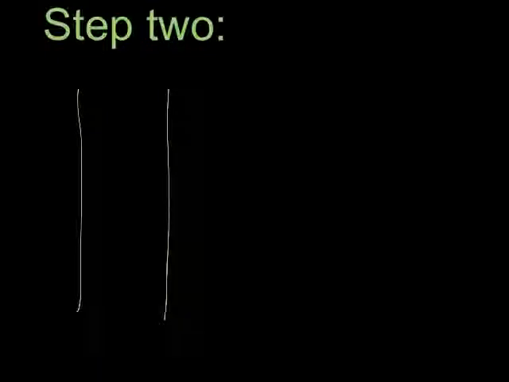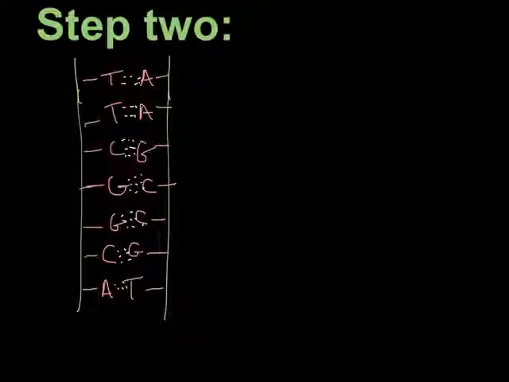Now that we have some unwound DNA, our next step is going to be to get in and actually be able to copy those nucleotides. In order for us to get in there and copy the nucleotides, we're going to have to break apart the nitrogen bases.